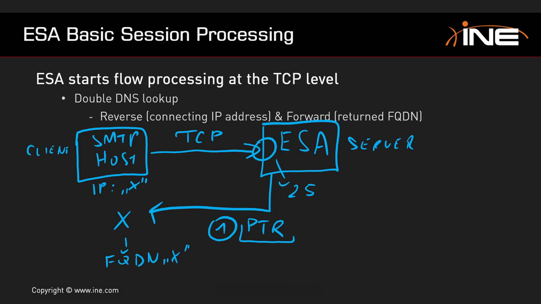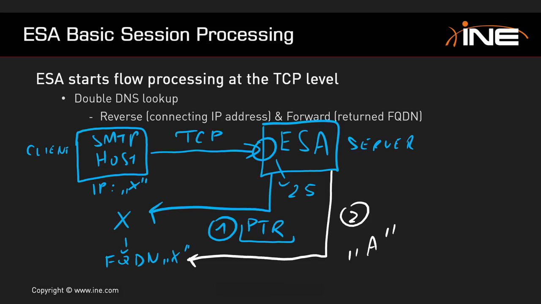There's going to be another lookup at this point, still performed by the ESA, but this time we will try to do the opposite. We will try to figure out what's the address associated with the FQDN returned in the first step. And even though it may sound like these two will always be the same, it's actually not necessarily going to be the case.